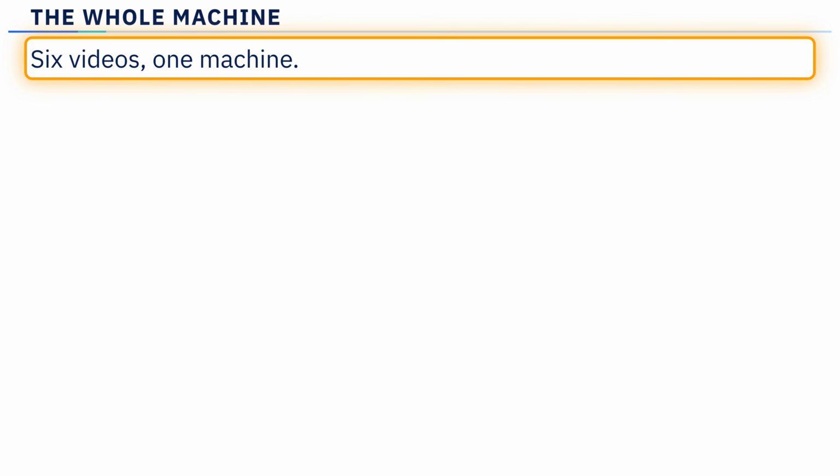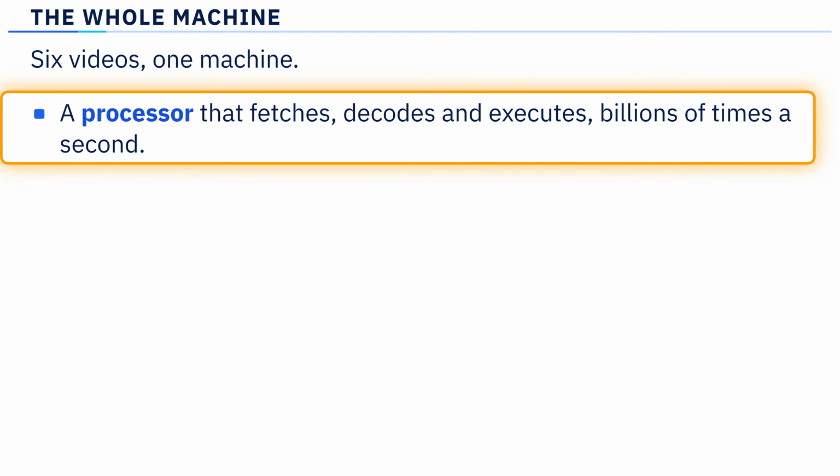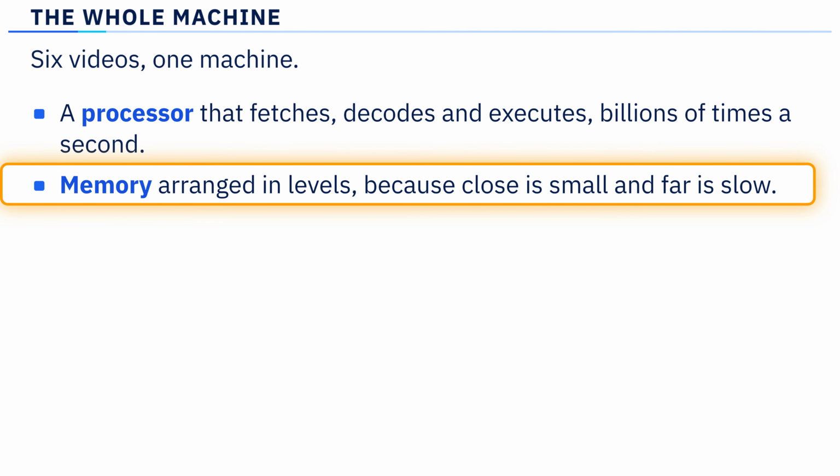6 videos, 1 machine, all of it in 5 lines. A processor that fetches an instruction, works out what it means, does it, and writes the answer back. Billions of times a second. Memory in levels because close is small and far is slow, and nothing gets you both.